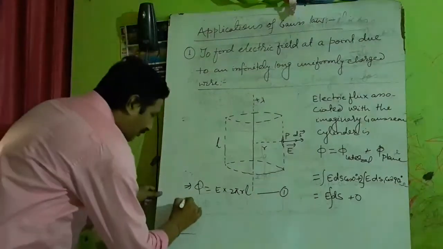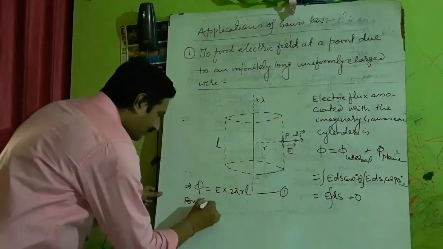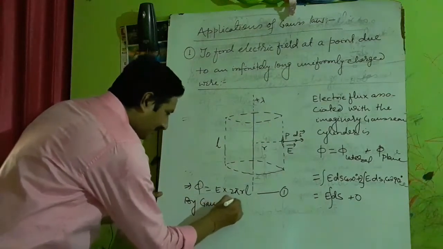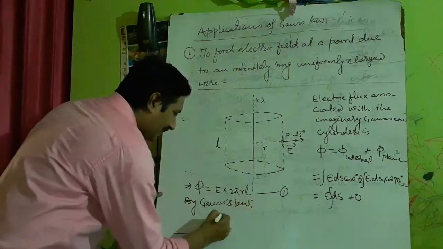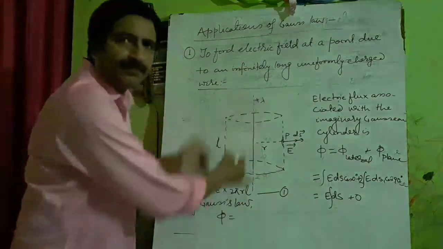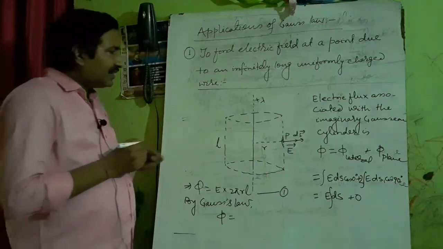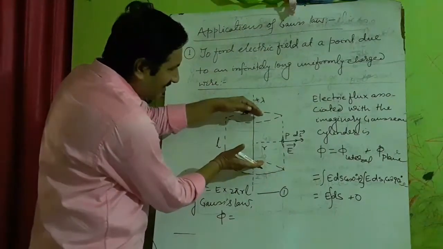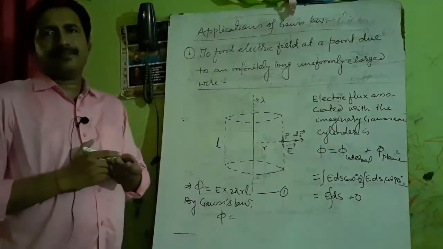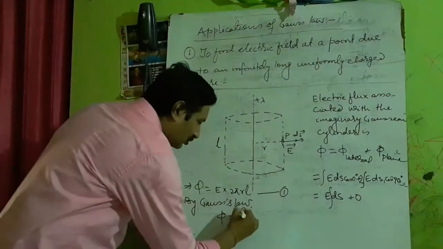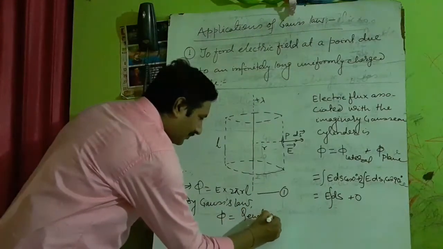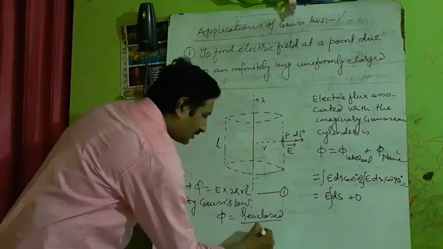Now use Gauss law. By Gauss law, the electric flux through the same cylinder is total charge enclosed by the cylinder by epsilon naught. That is phi is equal to Q enclosed by epsilon naught.